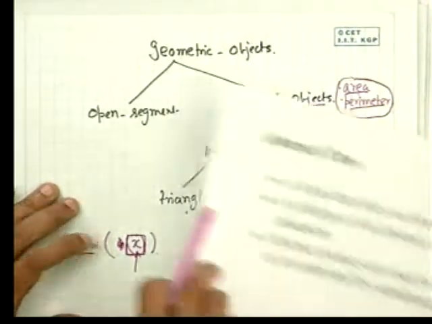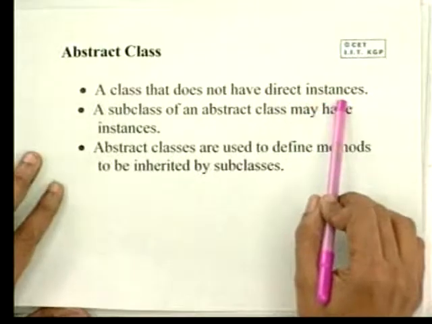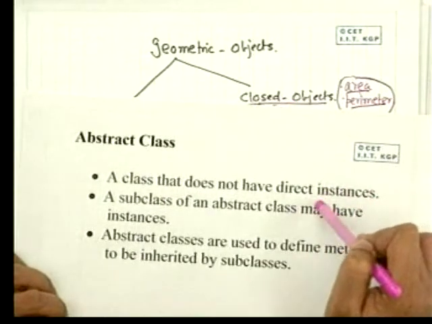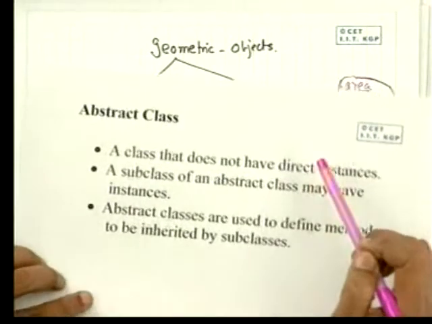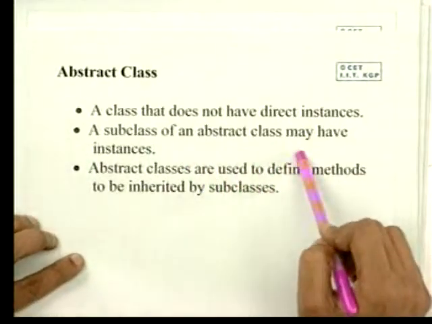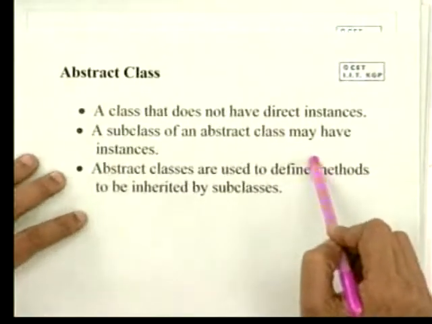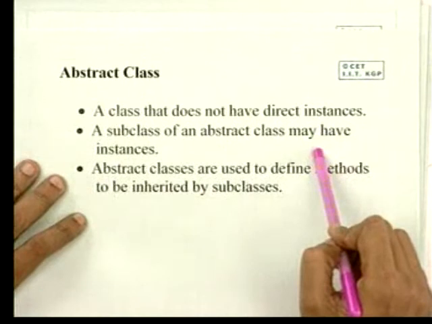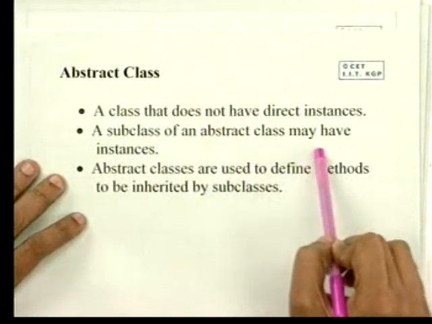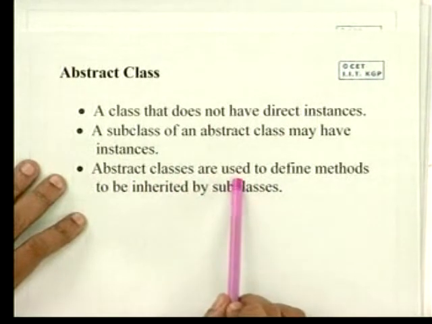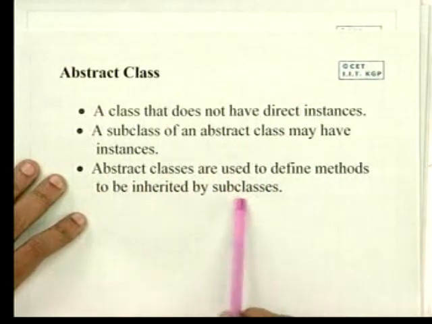So, a class that does not have direct instances, we will treat a closed object as an abstract class, and a subclass of an abstract class, like say closed polygon, will be allowed to have concrete instances. A subclass of an abstract class may have instances, and abstract classes, as I said, are used to define methods to be inherited by subclasses.